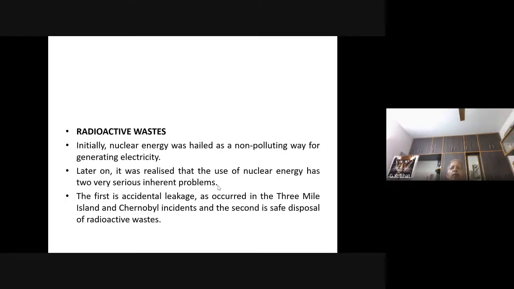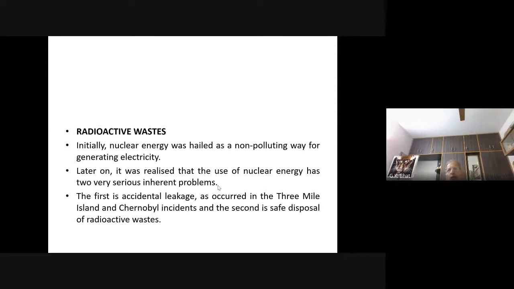Suppose the leakage happens, what next? The people will not be alive. Where we have these nuclear plants, the problem will be there for the people who are living in and around that. You can think about a solution if you are far away from that place.